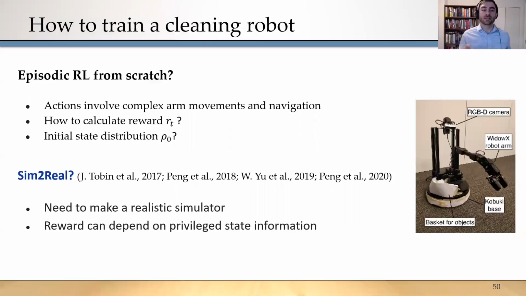In some areas this is currently not quite possible, although I do believe that there's a lot of great people working on these physics simulators that should maybe start to bridge the gap between simulation and reality in the future. And also, in some cases, even if you're using sim to real, if you want to continue training the agent in the real world, you might not have access to the same reward function that was in simulation that is now going to need to be used in the real world.